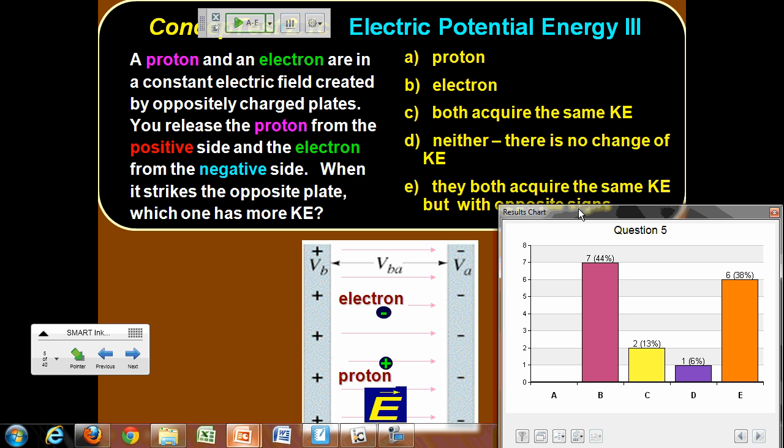Okay, is kinetic energy a vector or a scalar quantity? It's a scalar quantity, yeah. So it doesn't have a direction assigned to it. In fact, you can't really have a negative kinetic energy. I know that work is also a scalar quantity, and we sometimes talk about it as negative, as meaning taking away energy, but kinetic energy is never negative. So C is the right answer here. They both acquire the same kinetic energy.